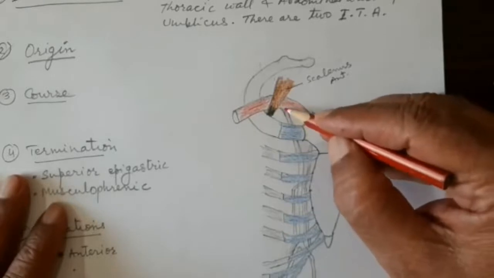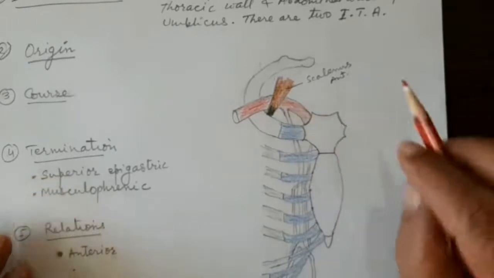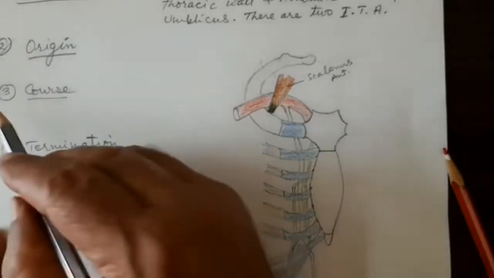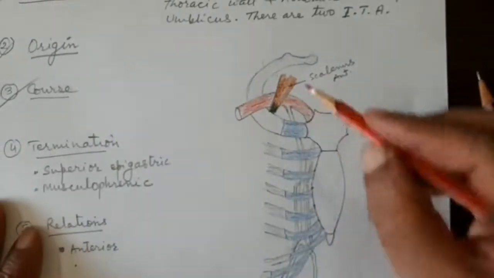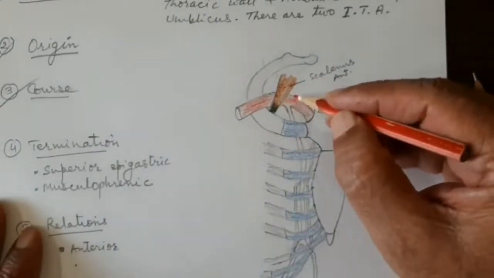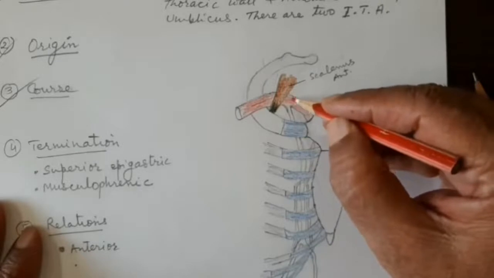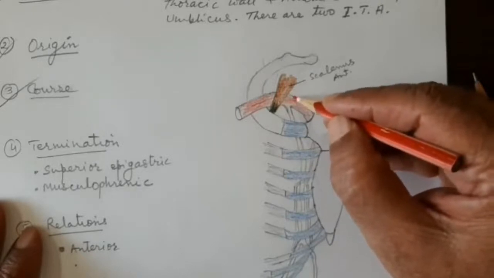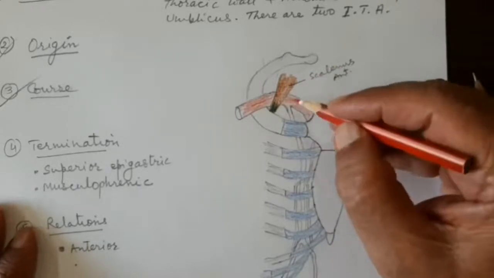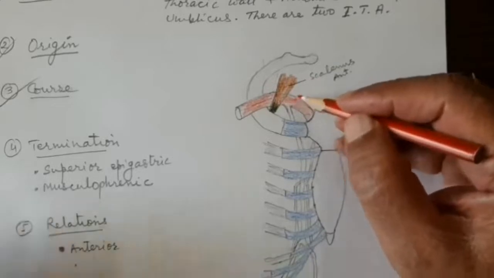Then, after its origin, let us see the course. This origin is just opposite to the origin of another important artery from the subclavian artery.